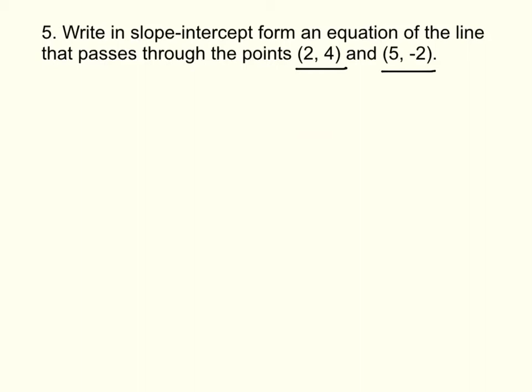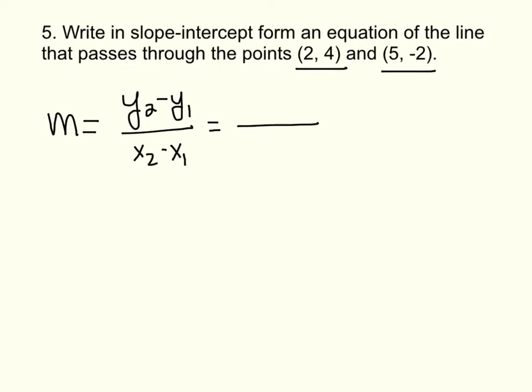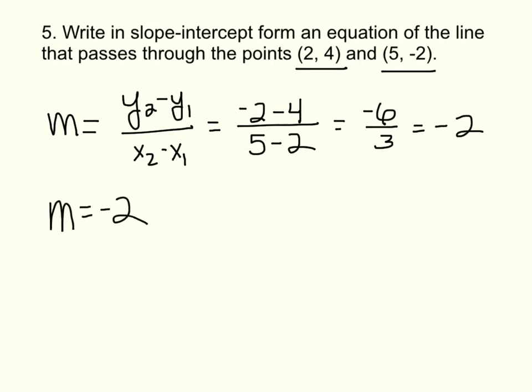As you already know, the formula for slope is y2 minus y1 over x2 minus x1. So if we subtract, my y values would be negative 2 minus 4 over 5 minus 2. That would give me negative 6 over 3, which divides to give me a slope of negative 2. Therefore, my slope is negative 2.